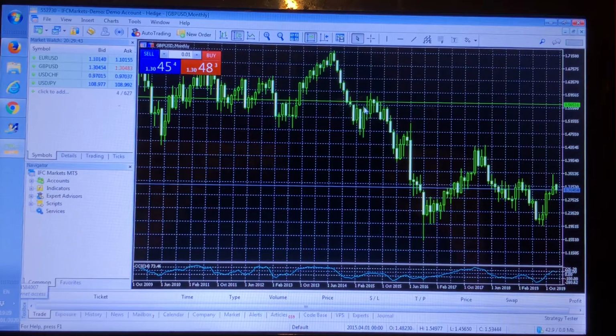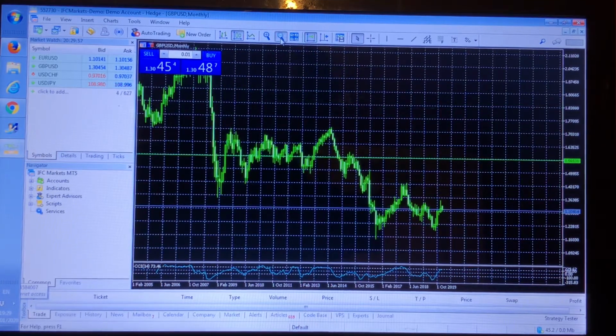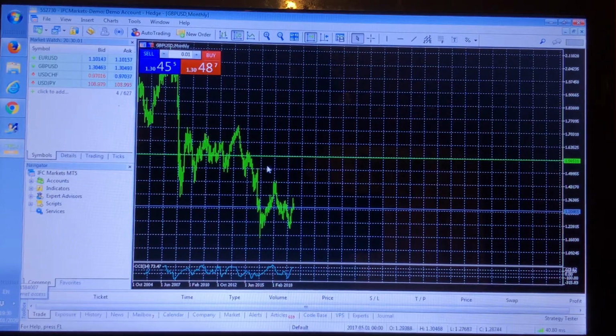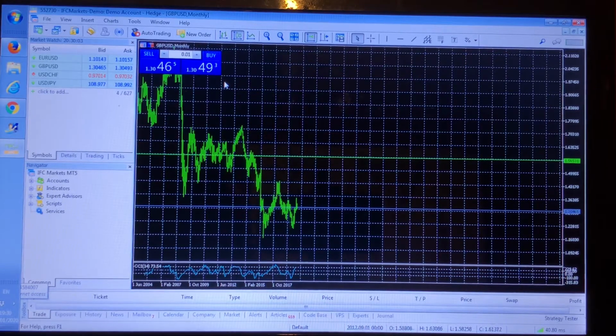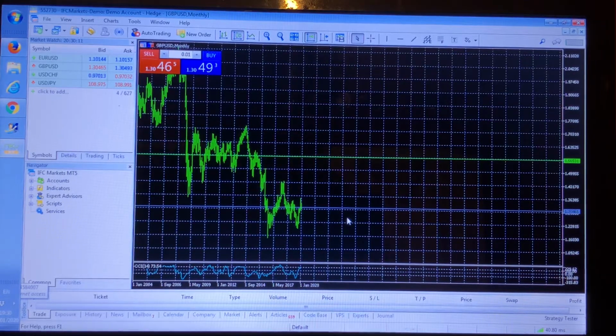So it looks like it's still weak. So there's definitely a downward trajectory there.